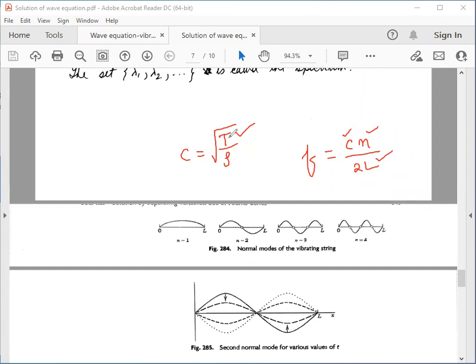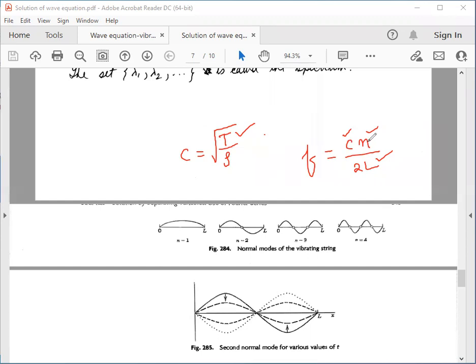But T cannot be increased indefinitely because ultimately it will break the string. So if you want a string with a high fundamental mode, what will you do?